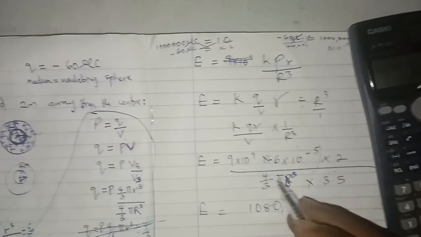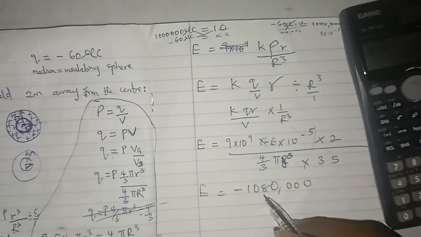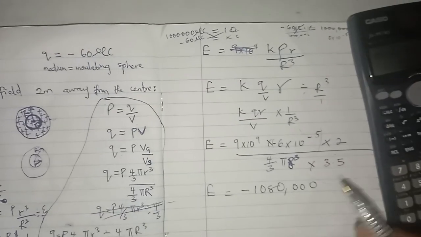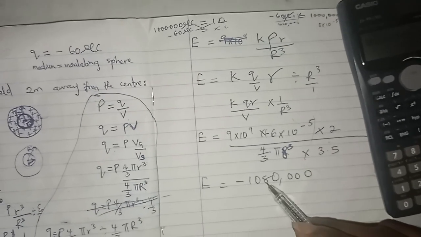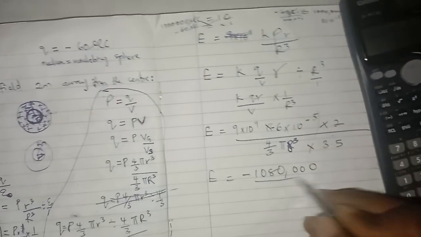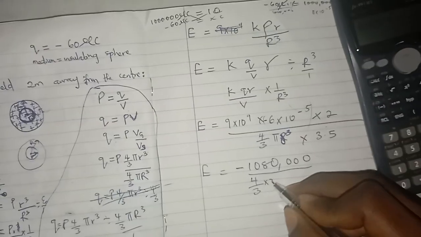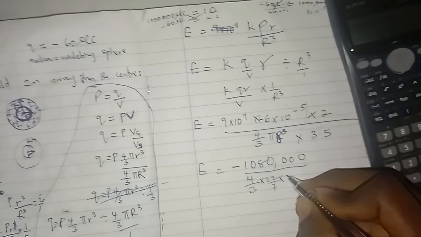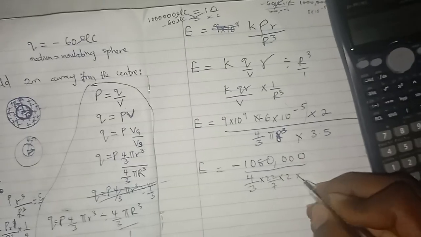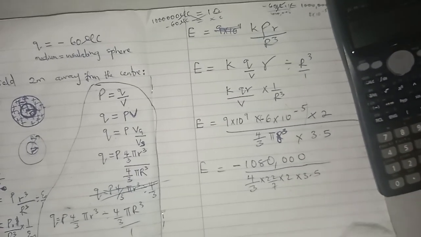By the time you multiply, everything will give you minus 1,080,000, all over 4 over 3 times 22 over 7 times 2, then times 3.5.